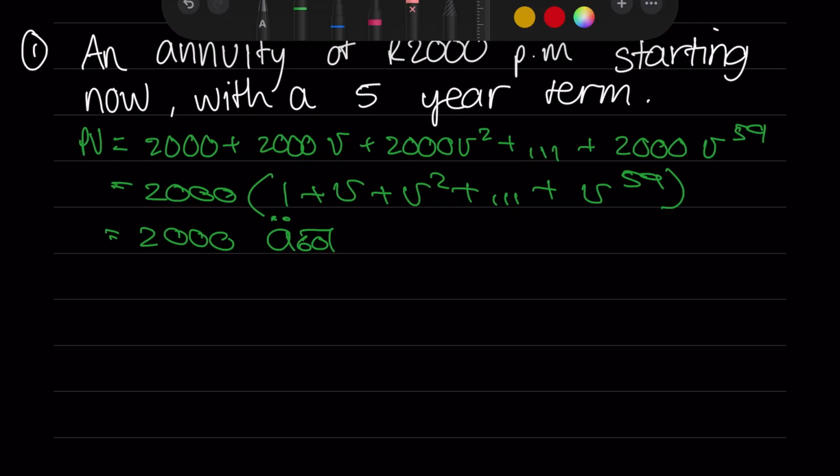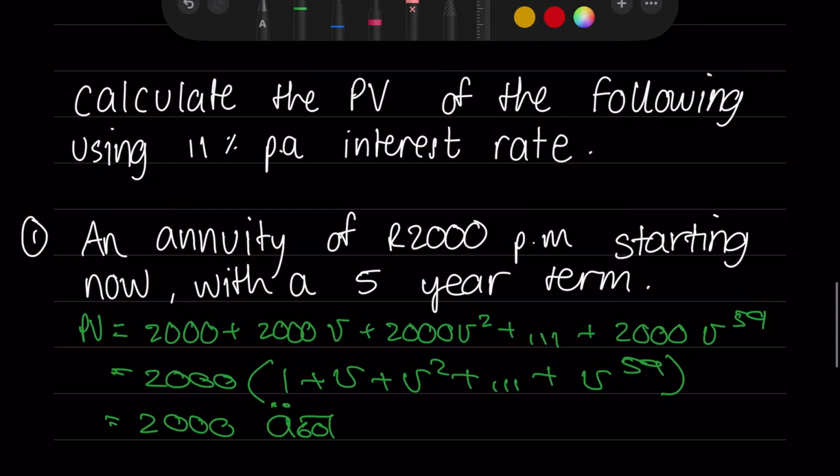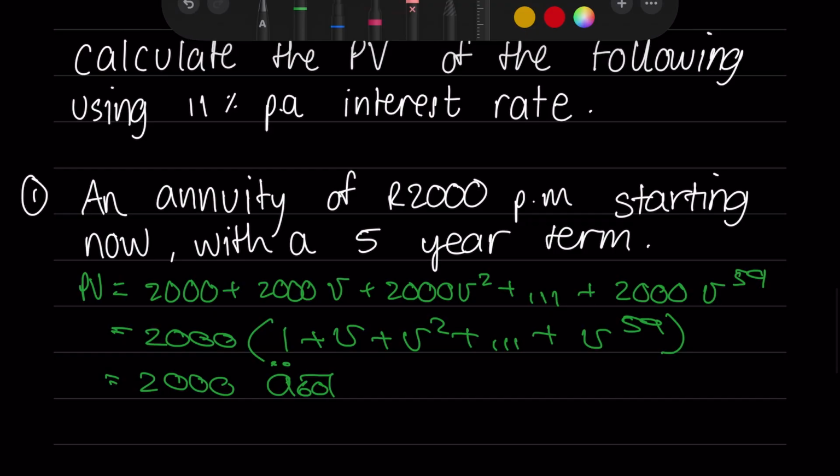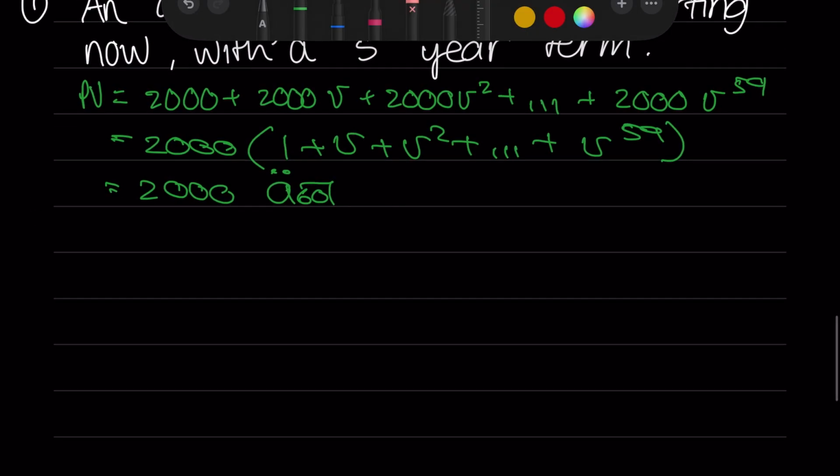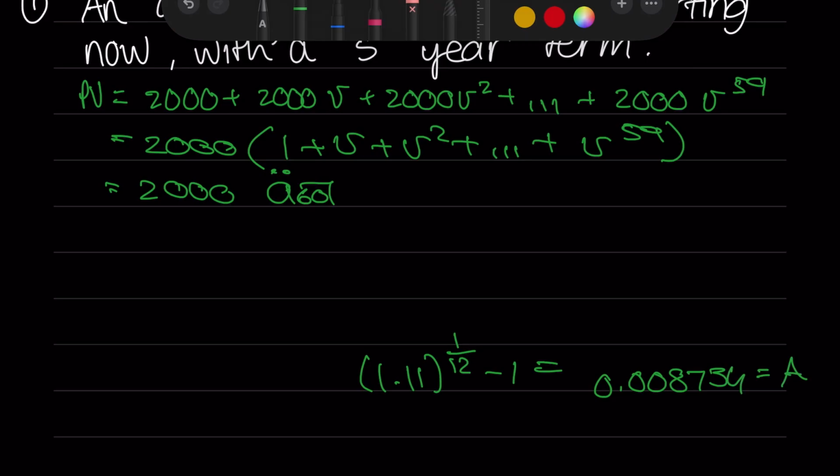Now for this interest rate, we were given an annual interest rate. However, we need a monthly interest rate because the payments are monthly. So now we'll just do a quick conversion and plug that into the calculator. That's a long number, so I'll just call it the variable A. Put some variable A there.